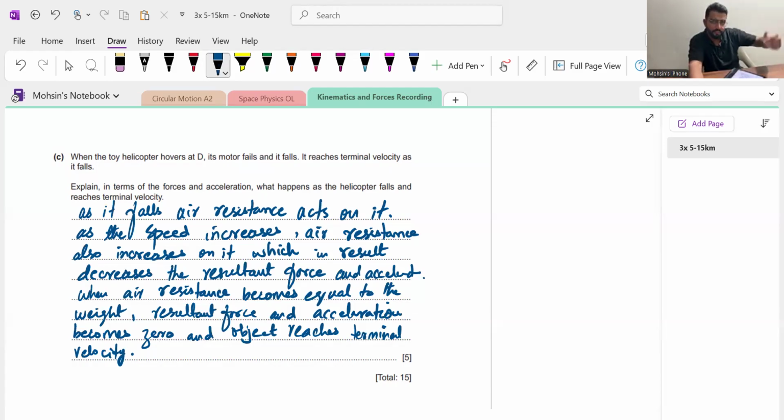As speed increases, air resistance also increases. So the resultant force decreases. When the resultant force decreases, acceleration decreases. And when a time is achieved when air resistance becomes equal to the weight, the resultant force becomes zero and the acceleration becomes zero. An object moves with a constant velocity.